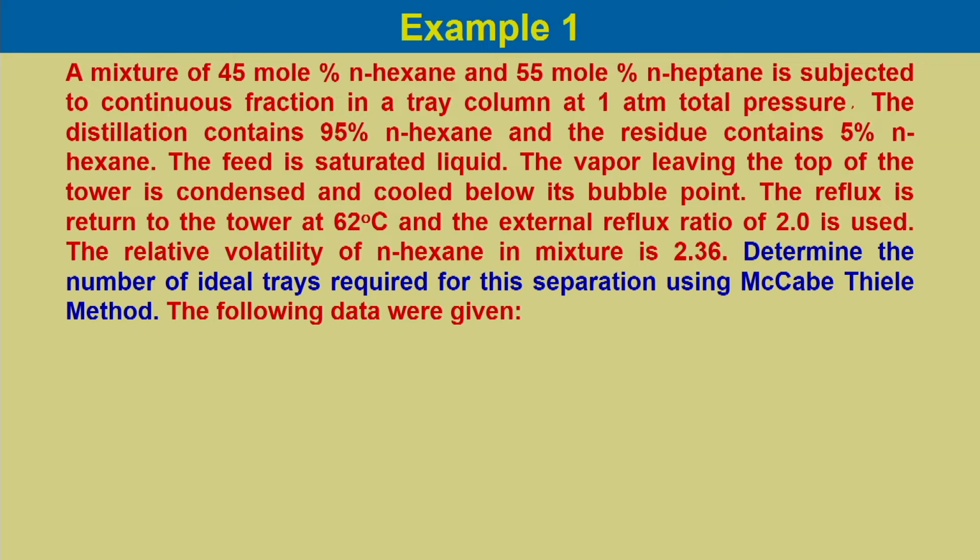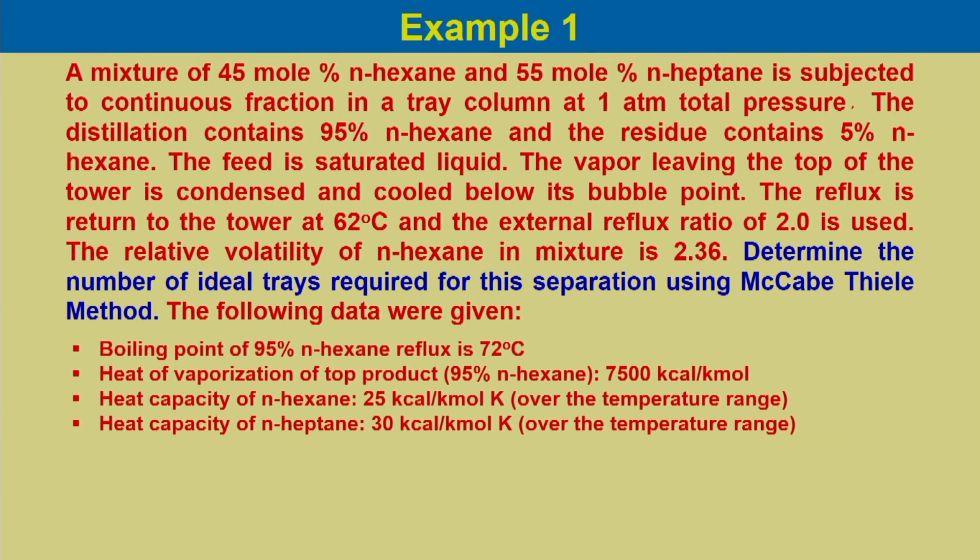Now, determine the number of ideal trays required for this separation using McCabe-Thiele method, and the following data are given. The boiling point of 95% N-hexane reflux is 72 degree centigrade. Heat of vaporization of top product, that is 95% N-hexane, is 7500 kilocalorie per kilomole.